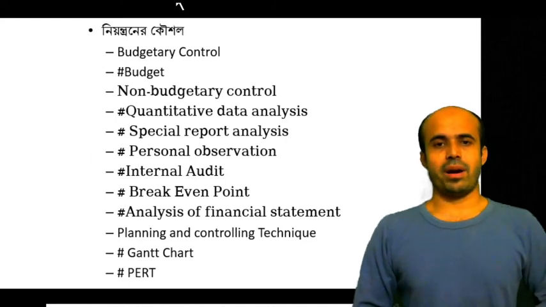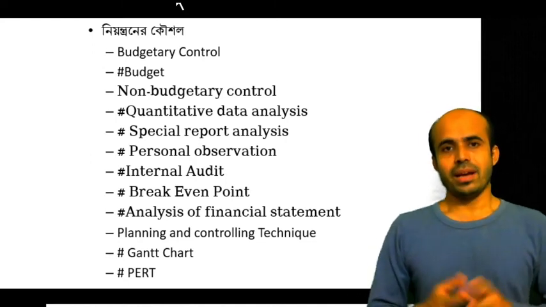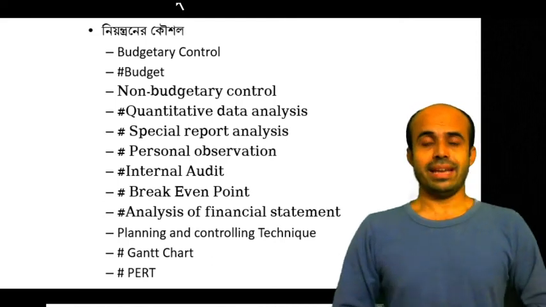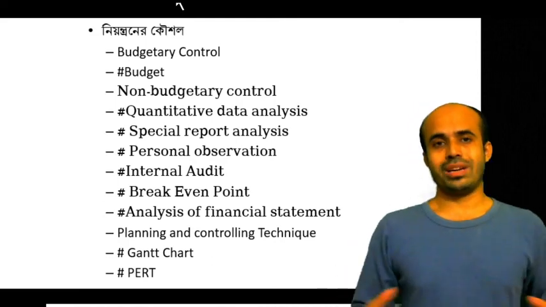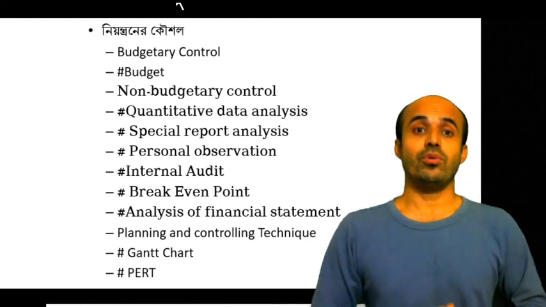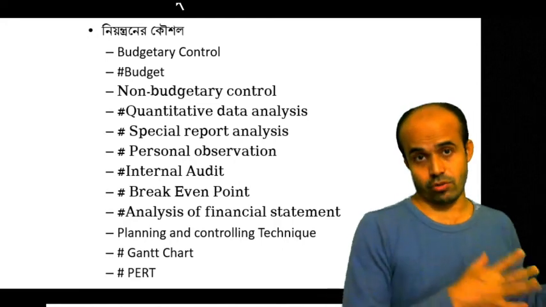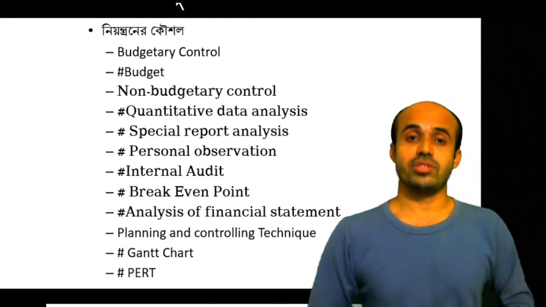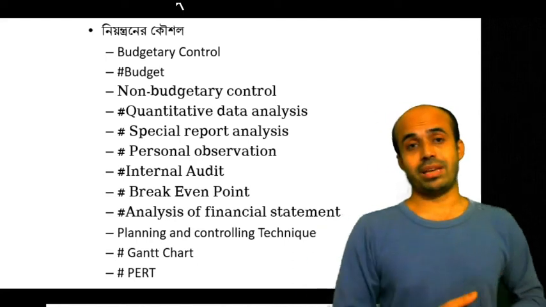Now coming to PERT. PERT is Program Evaluation Review Technique. This is also a technique to control managerial activities and managerial performance: how we can control the performance of managers, such as the production manager, what they are doing, and how we can control them.